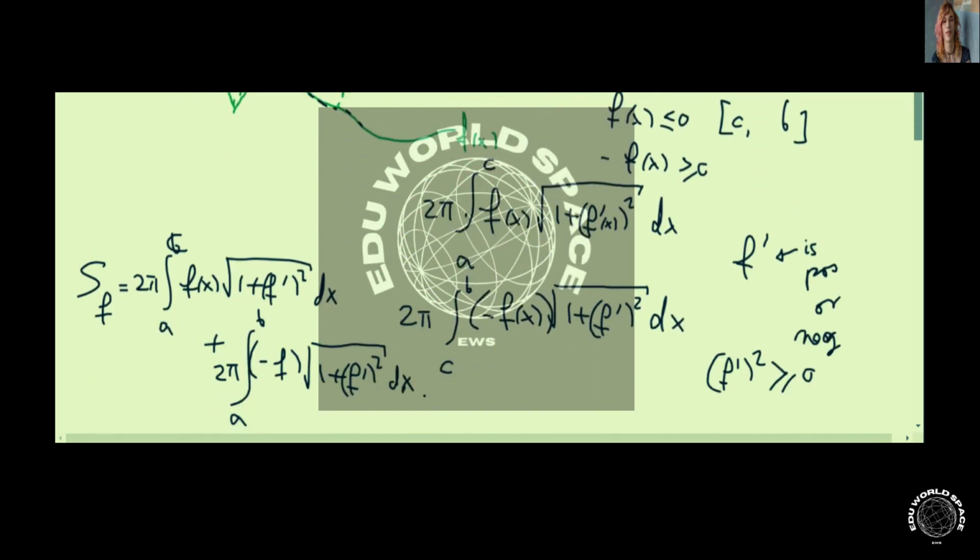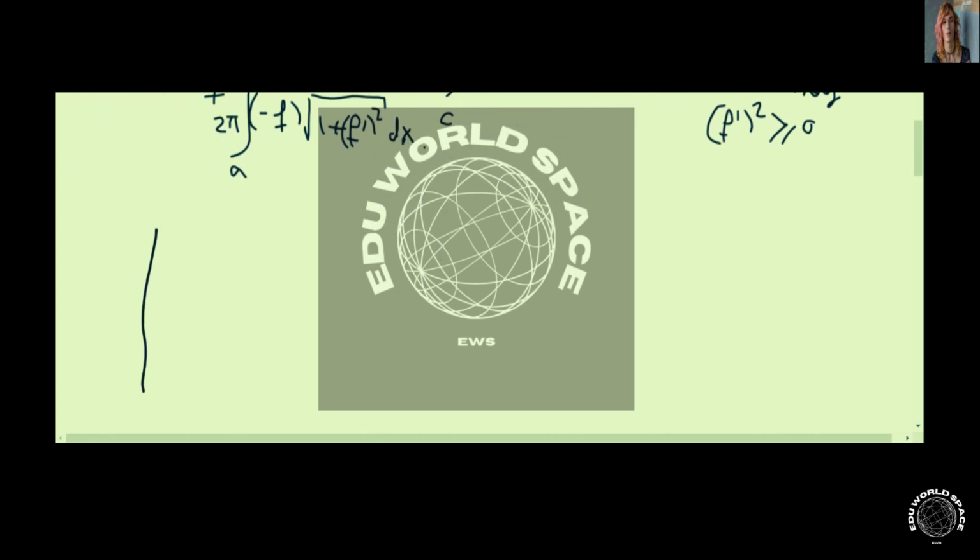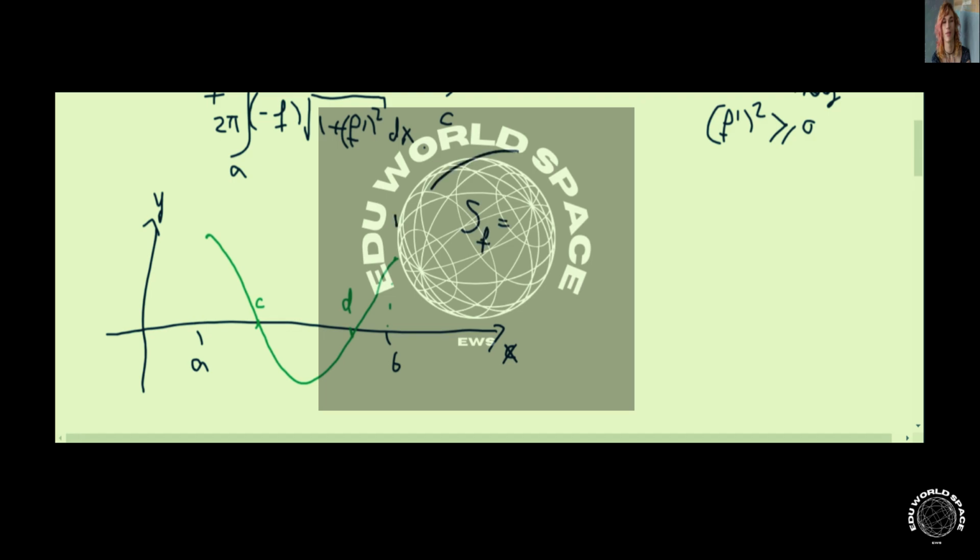Here f is becoming negative at a point. But if we have an example where this is the x-axis, this is the y-axis, and we have some points A and B, and our function is like this, where these points are C and D. By the same considerations, S sub f, the area of rotation about the x-axis, is going to be the integral from A up to C of f of x times 2 pi times the square root of 1 plus f prime squared dx.